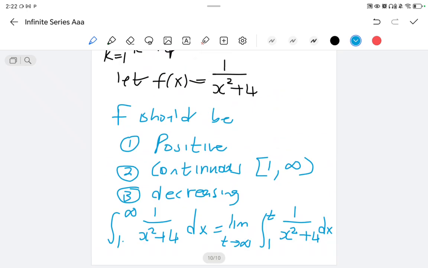So now the question is, how am I going to integrate this? Who can tell us how we can integrate this function? Use what? Use substitution, right? It's saying that we can use substitution. Is there anyone who agrees or disagrees?